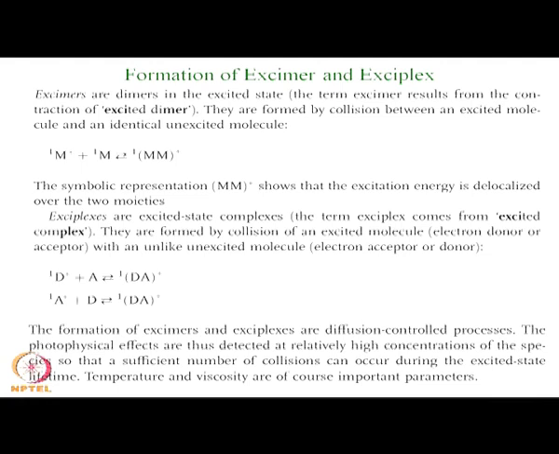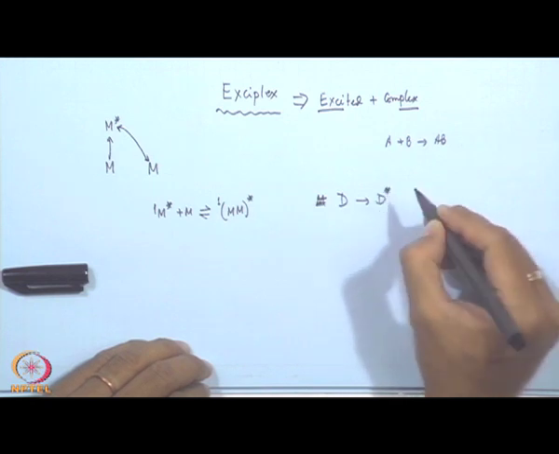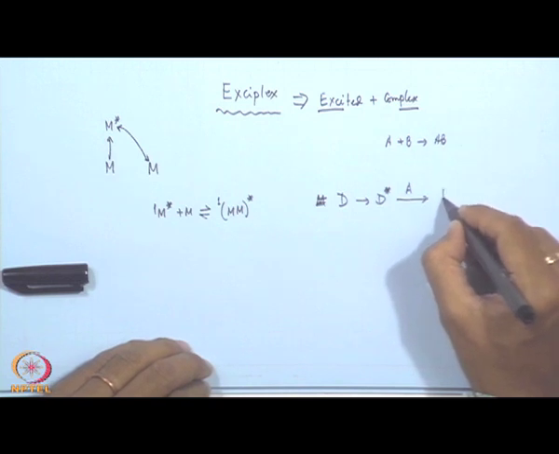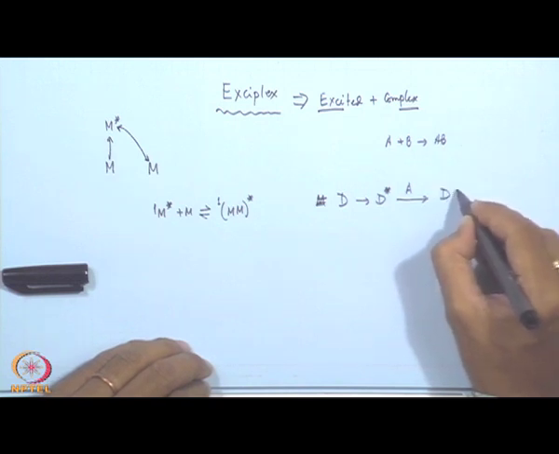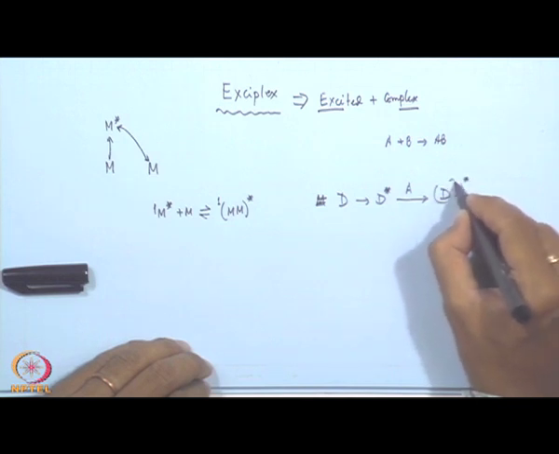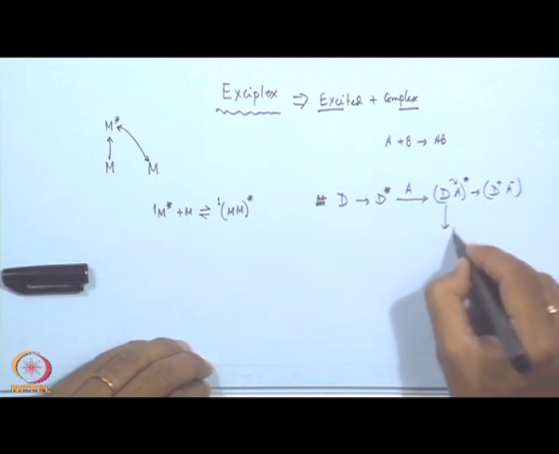So, if you have a D giving rise to D star, then it will first form D A star, and then there is an electron transfer giving rise to D plus A minus, or it may be like D delta plus A delta minus.